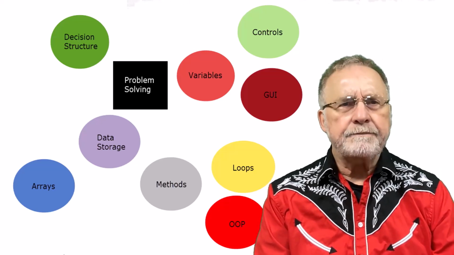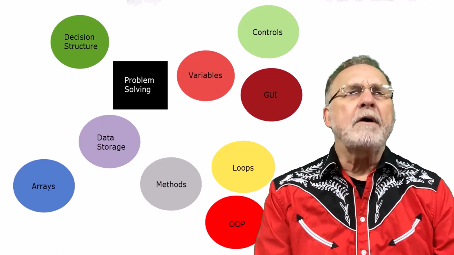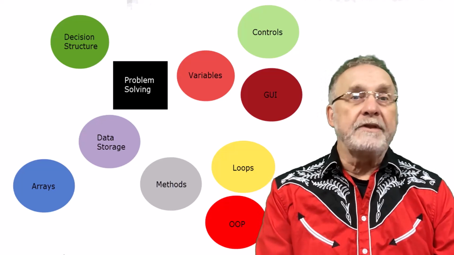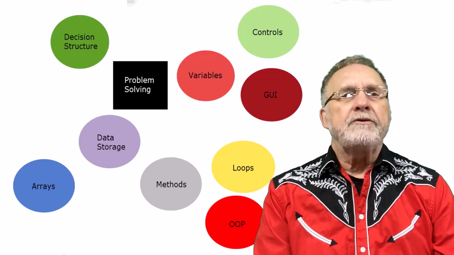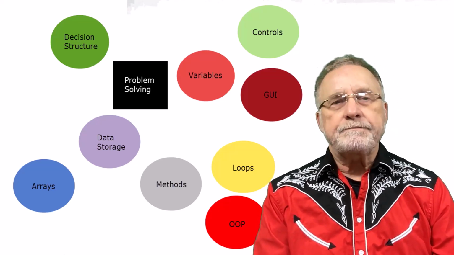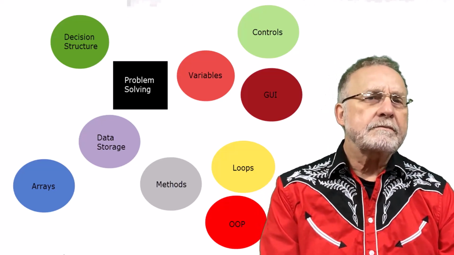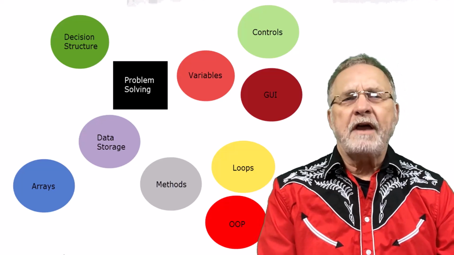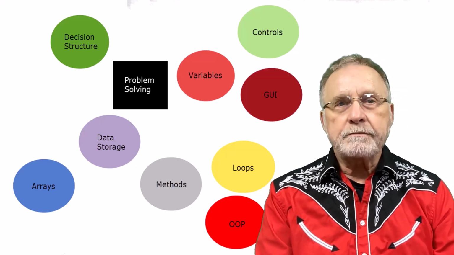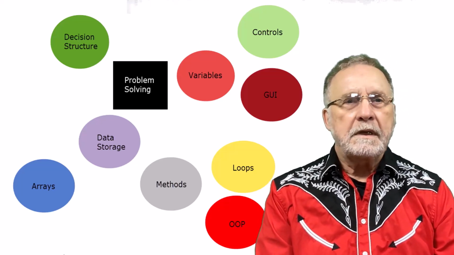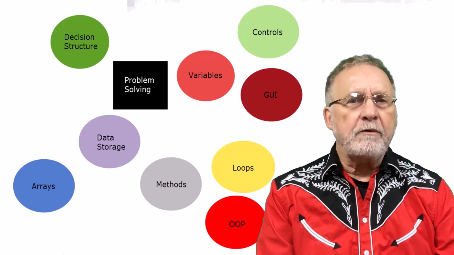We understand it. And we also know all about variables. We learned to do math on them way back when. We learned to convert them to different data types. We've learned to concatenate string variables. We've learned how to use them with controls. And we've learned some of those controls as well.